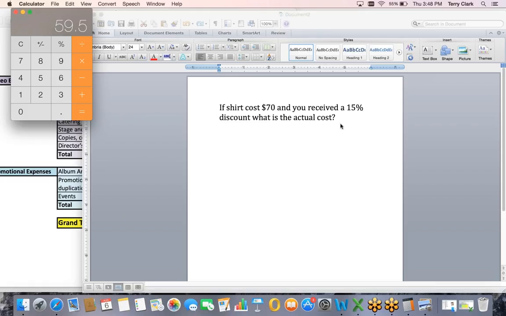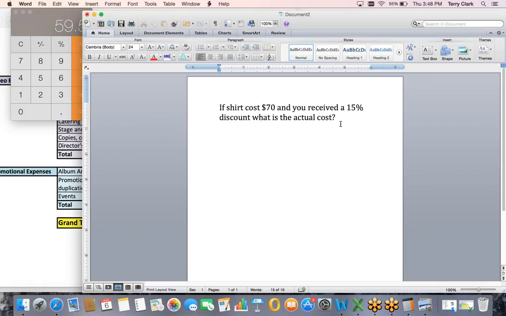All right, so let's look at it. We got 70 bucks. Now we can multiply that by 85%. Does anybody know why we're going to multiply it by 85%? Right, that's correct. 1 minus 15 will give us 85%. Out of the total, the actual cost is 85% and 15% is the discount.